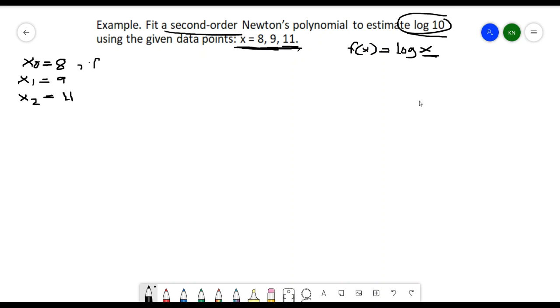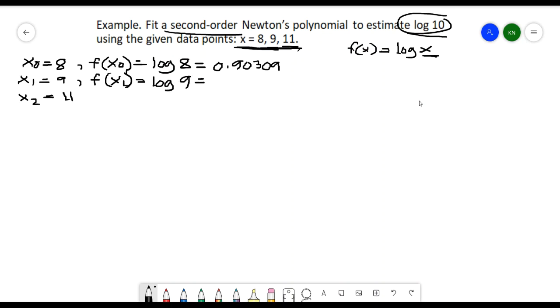So f of x sub 0 is equivalent to log of 8, which is equivalent to 0.90309. Also, you need to remember to use 6 decimal places for your answer. The same goes with x sub 1. We also need to substitute that here, so that gives us log of 9.